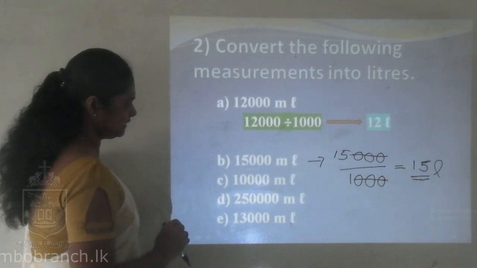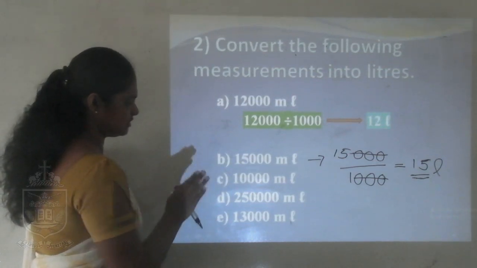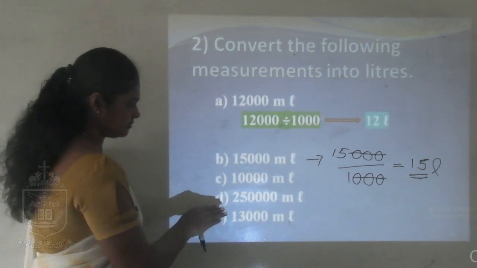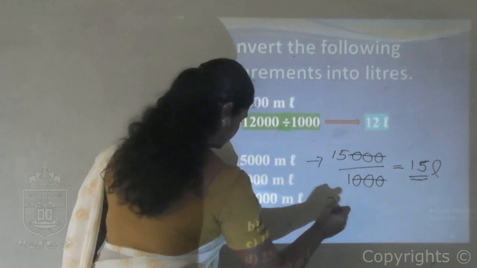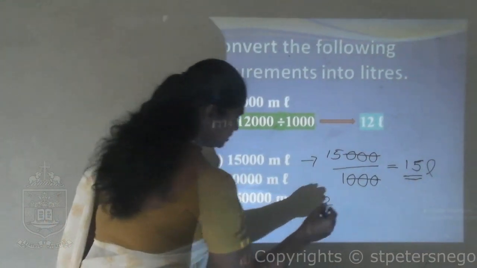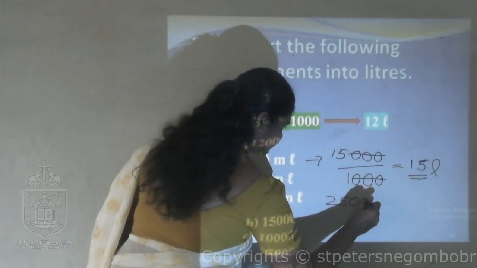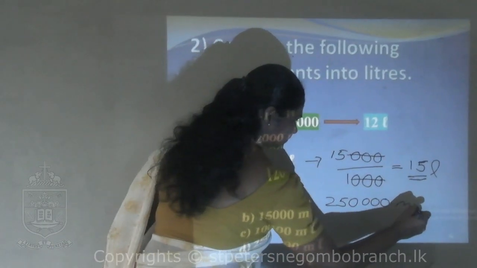C you can do easily. So we'll try the last one. D also the same. So we'll try one more sum. We'll try 250,000 milliliters. There are 4 zeros children.